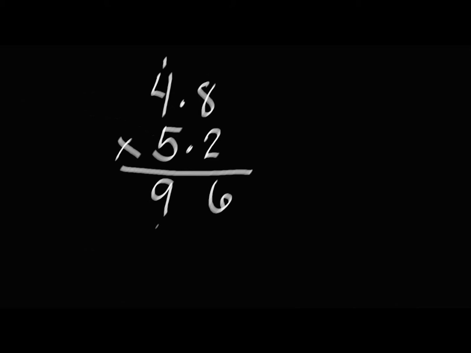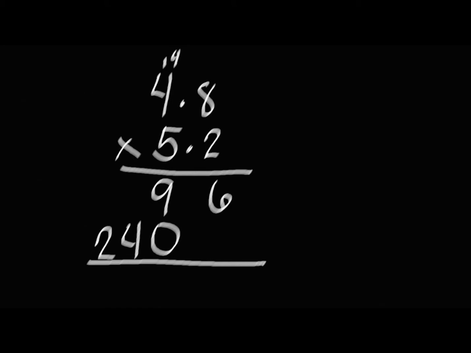We write 0 here and regroup 4. 5 times 4 equals 20, plus 4 equals 24. These are our partial products and we will add them up.